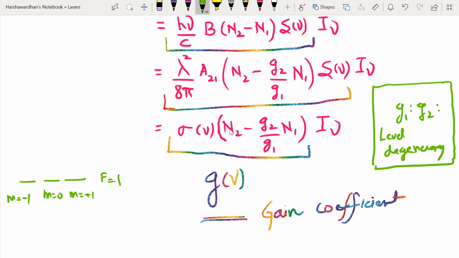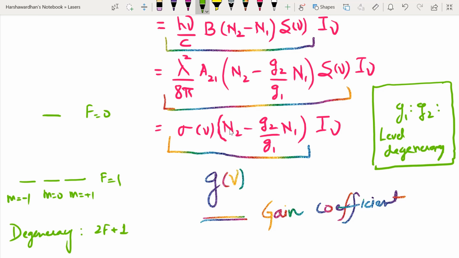These are magnetic quantum numbers. And imagine that my excited state was F equal to 0. Given a particular F, the amount of degeneracy is simply given by 2F plus 1.